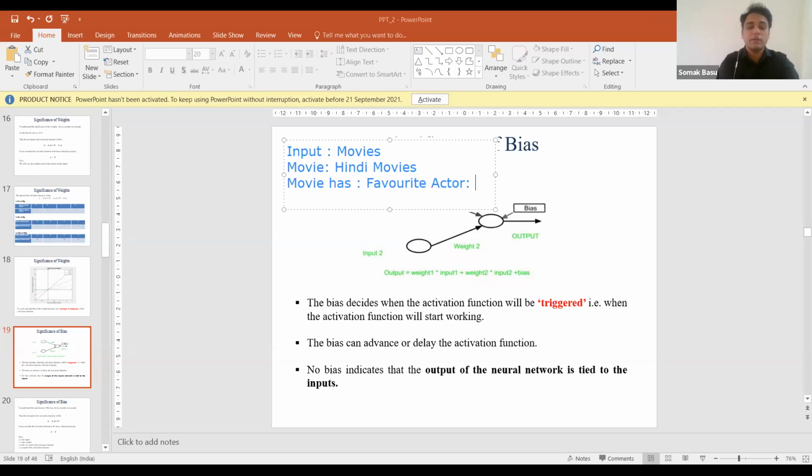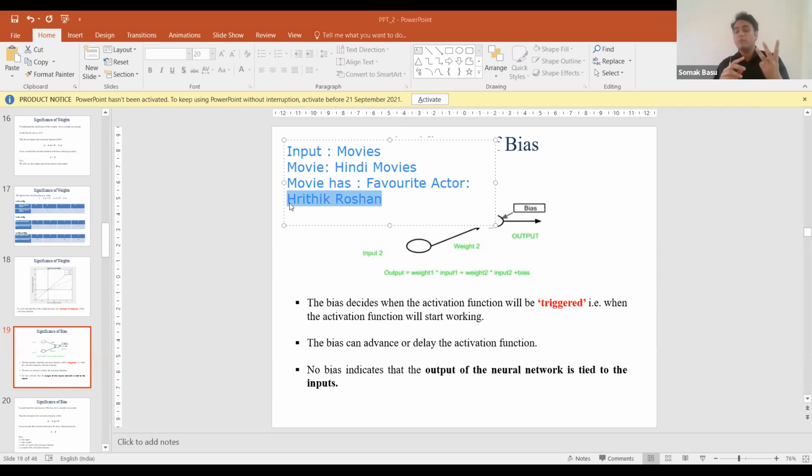Let us say their favorite actor is Hrithik Roshan, from an Indian perspective. There may be some people who will watch the movie only if Hrithik Roshan is a part of that movie, if Hrithik Roshan has a role.